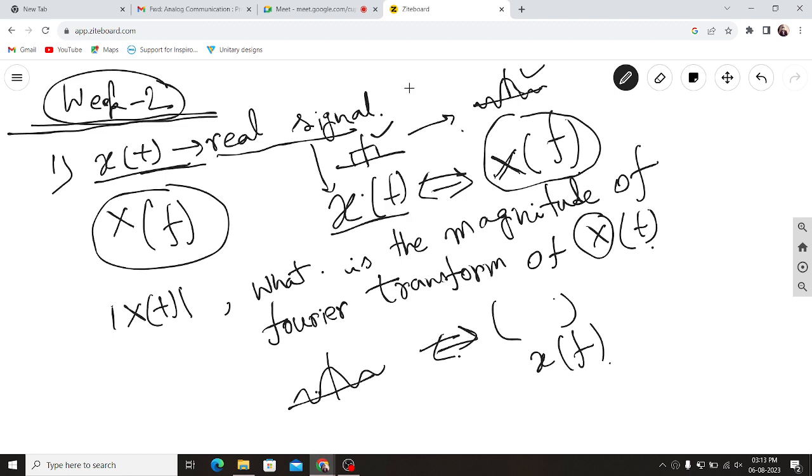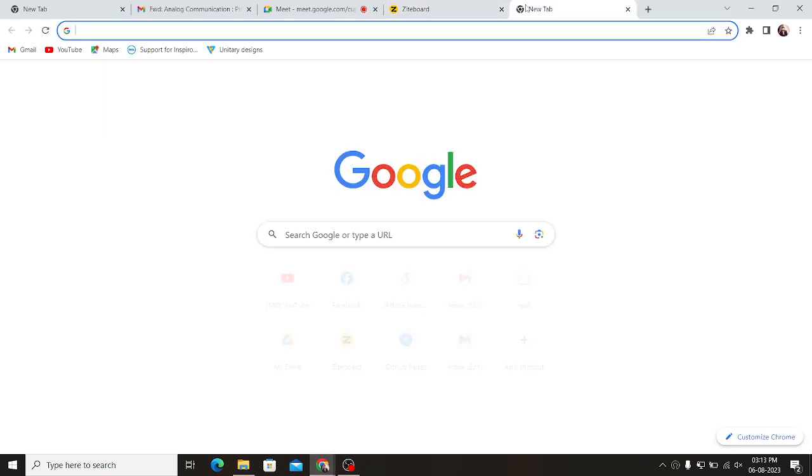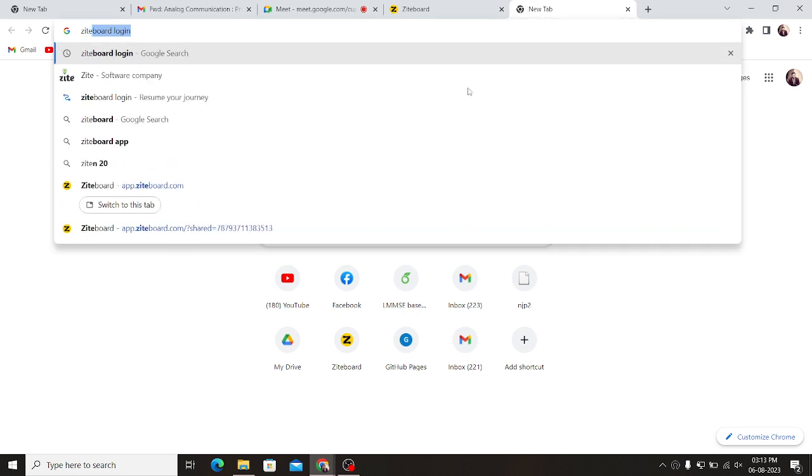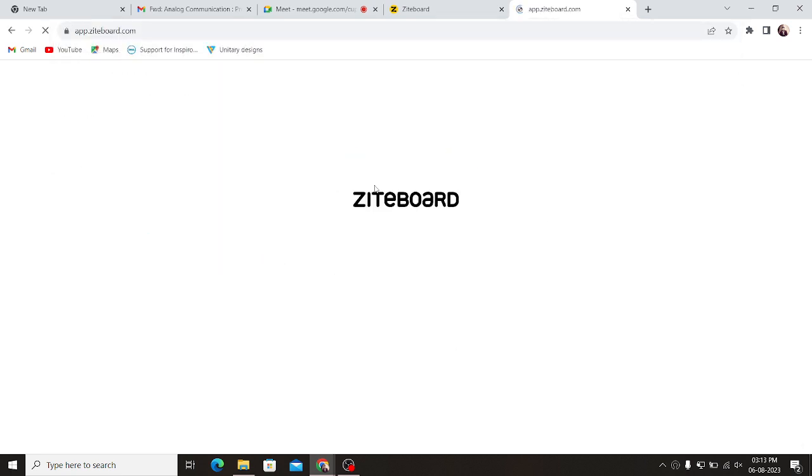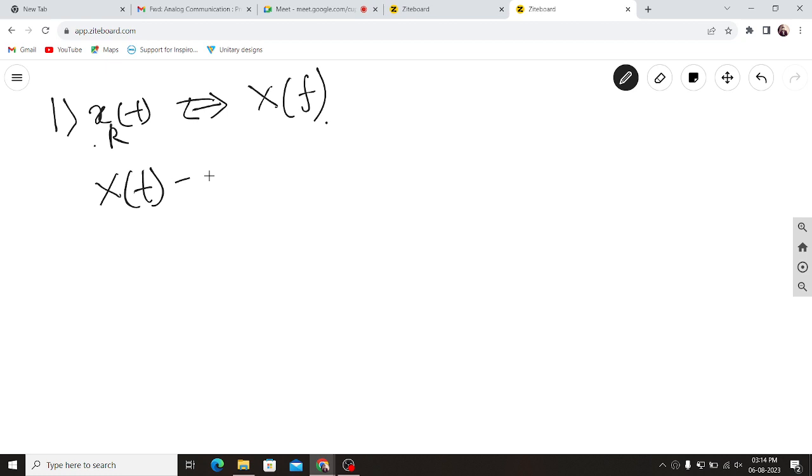That means, what will be the magnitude in terms of small x of f? This question arises from the duality property of the Fourier transformation. Let me write the question once more. We have a signal x(t) that is a real signal, and we did a Fourier transform over it, and it becomes X(f). Following the duality property, what will be the magnitude of the Fourier transform of this?